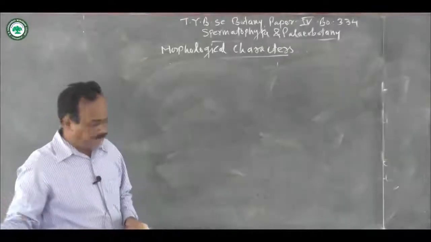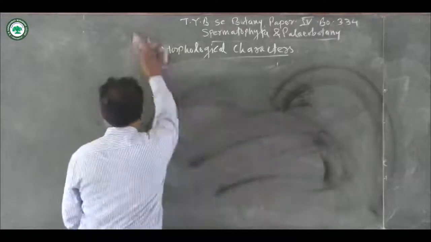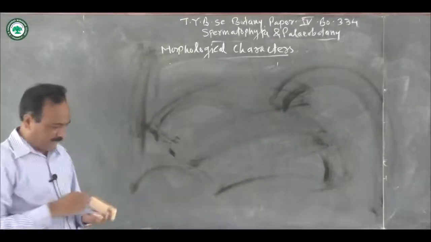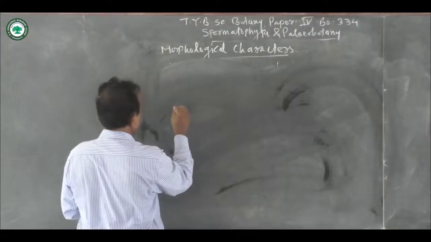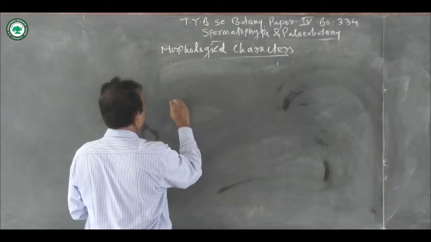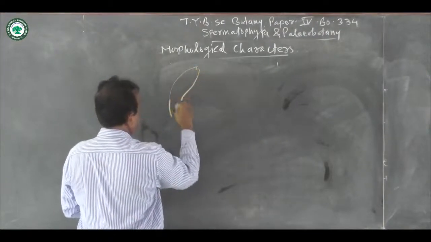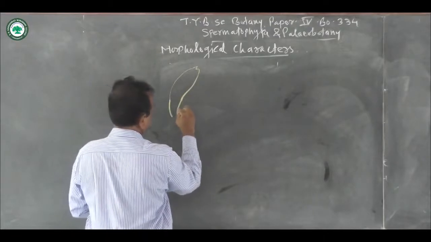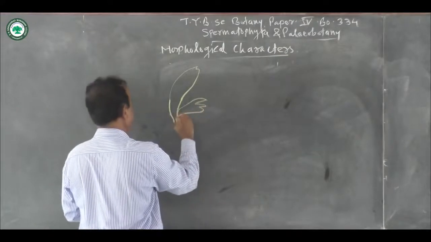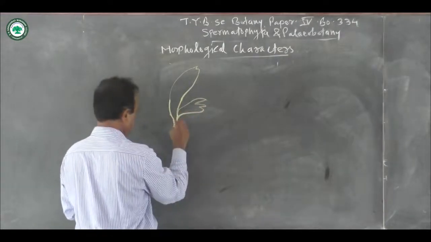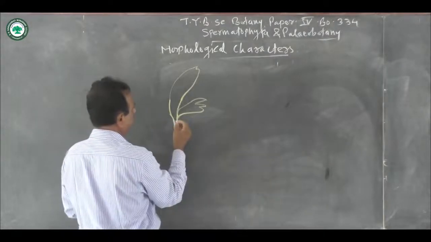Now, if we see the structure of flower, then we will see the structure like this. Here it shows the presence of the bilobate corolla. It shows the presence of the calyx.